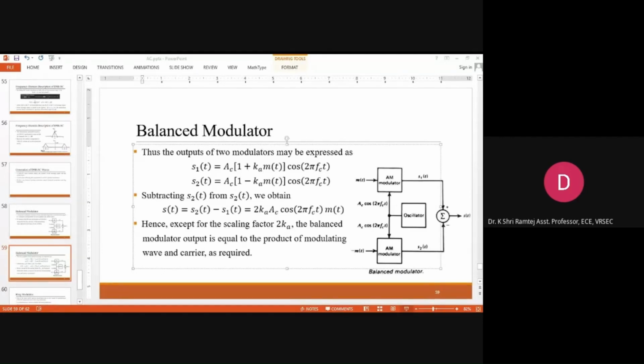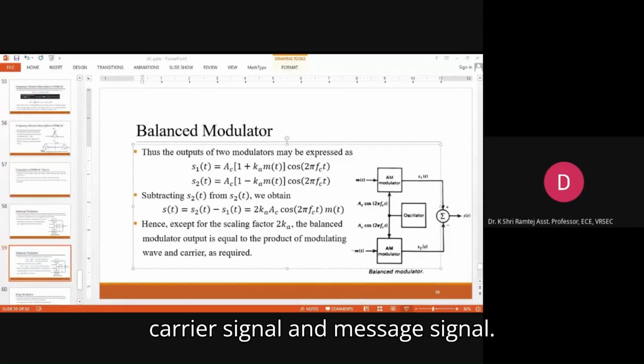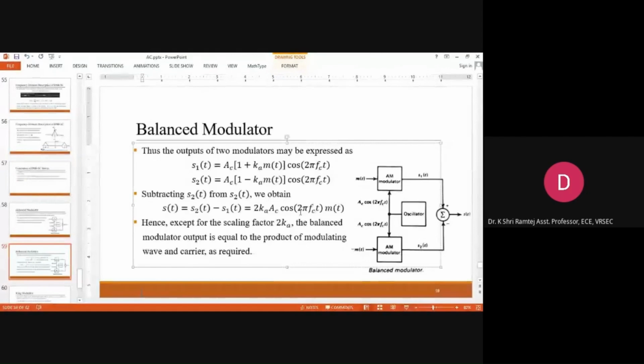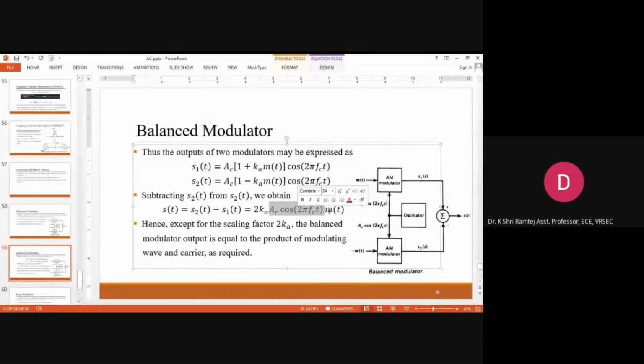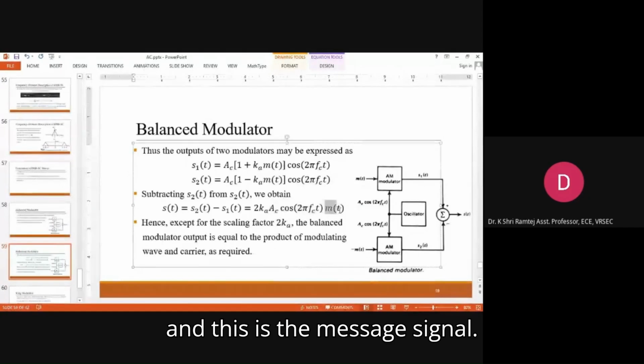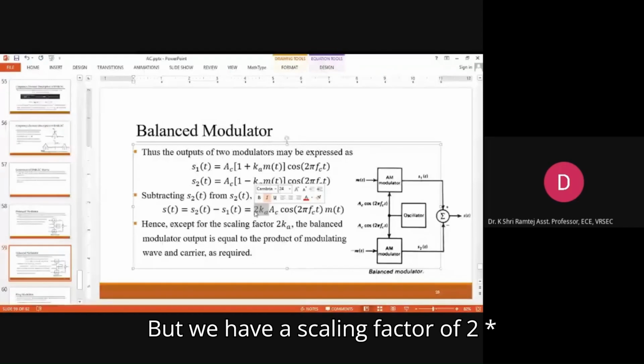So if we subtract these two signals, we get 2 Ka Ac cos 2 pi fc t into m of t. So we obtain the product of the carrier signal and the message signal. This part is the carrier signal, and this is the message signal, but we have a scaling factor of 2 into Ka.